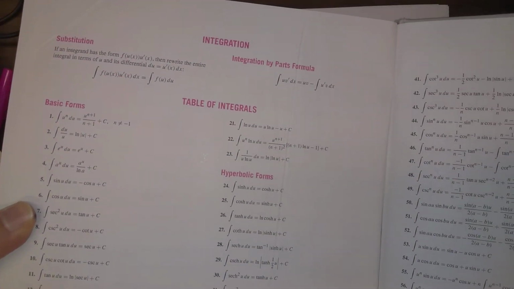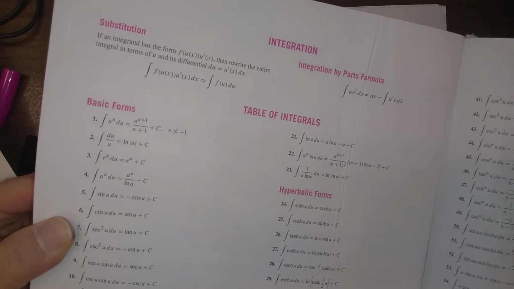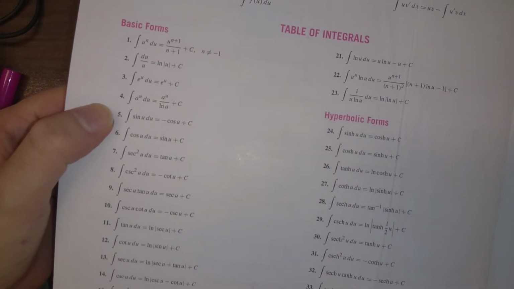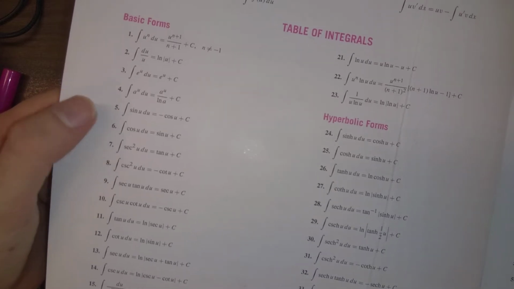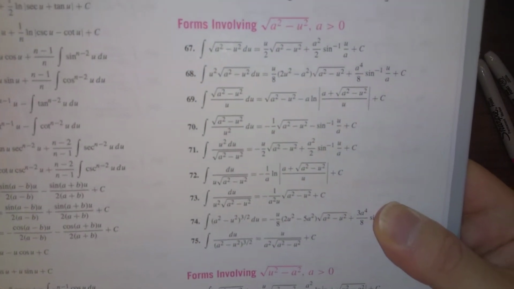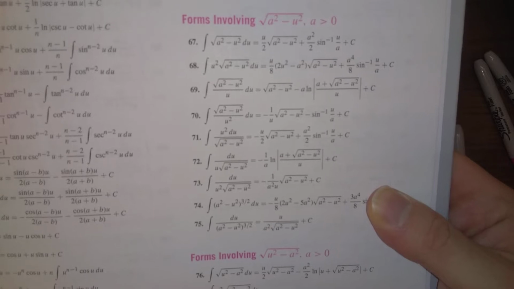If we look at the very back of our textbook, the last couple of pages has this table of integrals. Lots of these are going to be easy ones that you know. I mean, you know that the antiderivative of cosine u du is sine u plus c. That's right here. But then you just have pages and pages of more complicated ones. Some of these over here are forms involving the square root of a squared minus u squared.